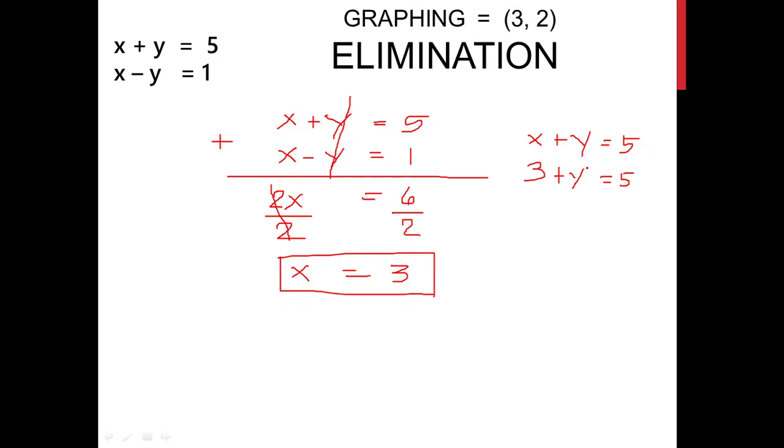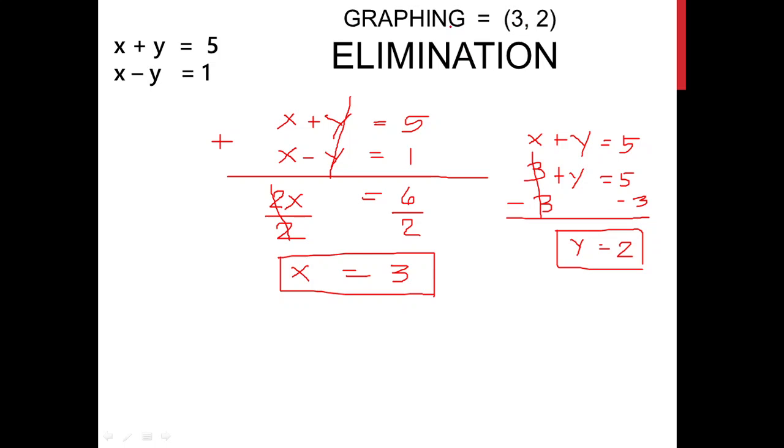I want to solve for the value of y, so using the additive inverse, I add a negative 3 on both sides. This will cancel out, so what's left is y. 5 minus 3 is equal to 2. So I get the same answer as my graphing method.